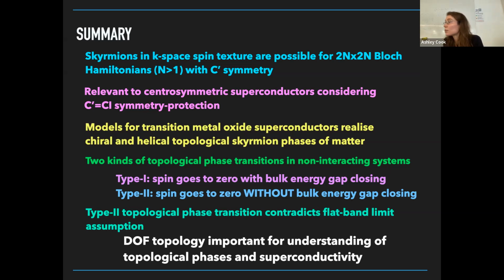I think when the energy band closes, then you've necessarily got an ambiguity in something. The spin goes to 0 in magnitude. It's just not defined because you've got two degenerate eigenstates and you fill one of them and you don't fill the other. Therefore, it can always change.